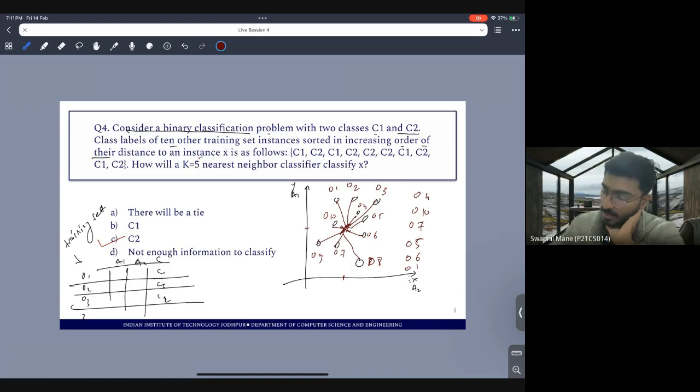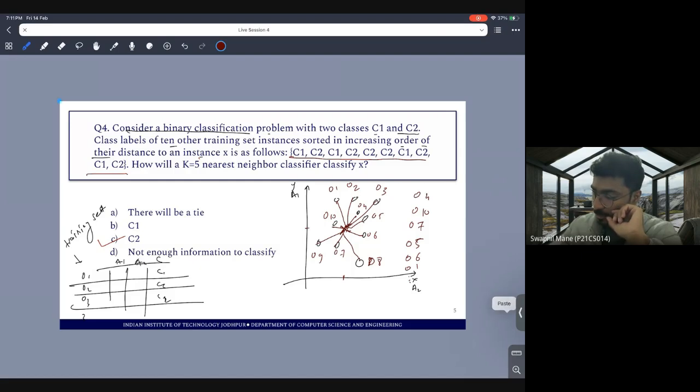We have sorted based on the distance calculated from x, the new point. The points are in increasing order of distance.